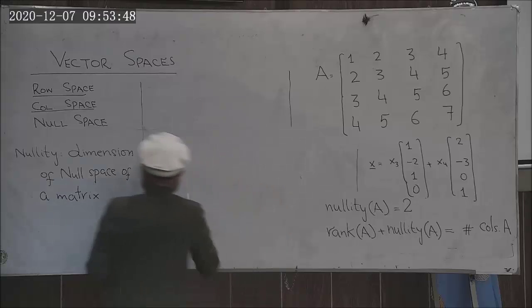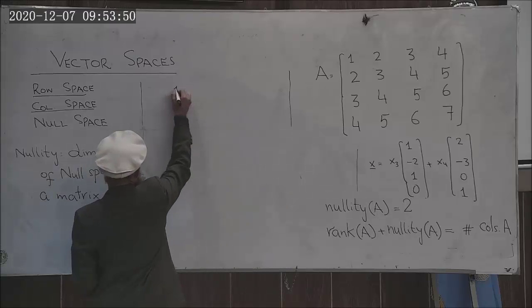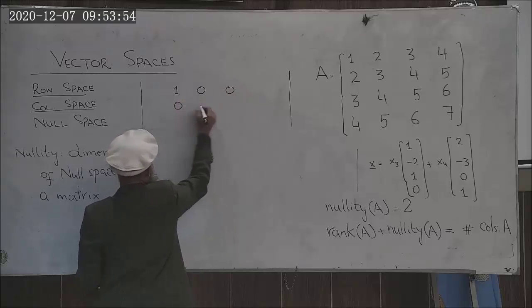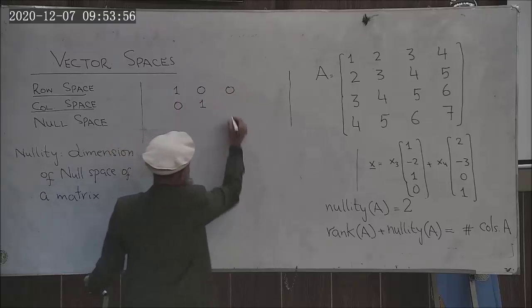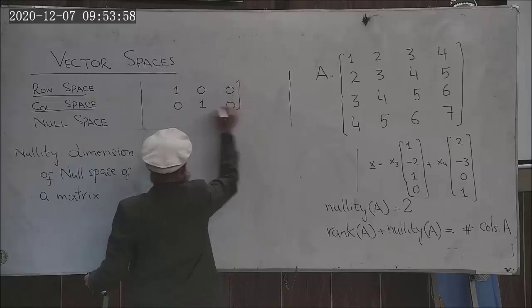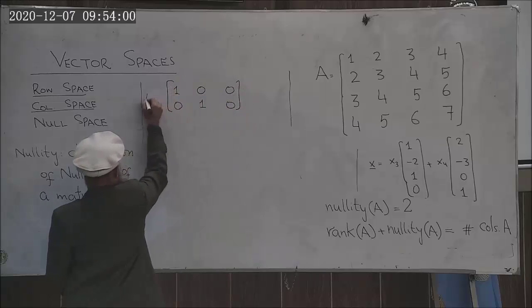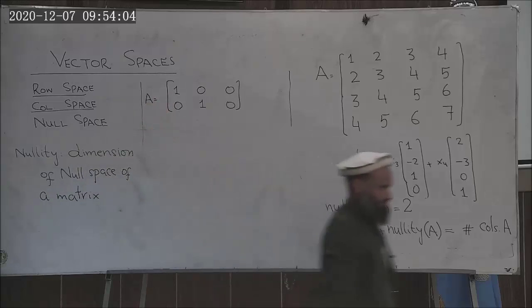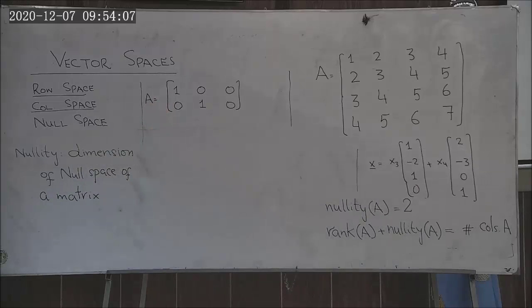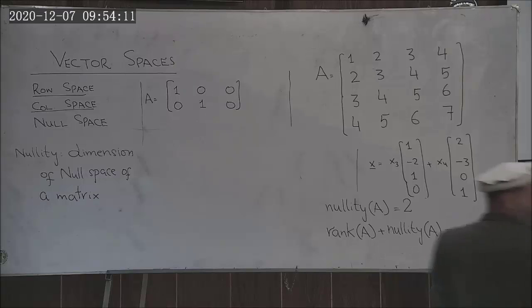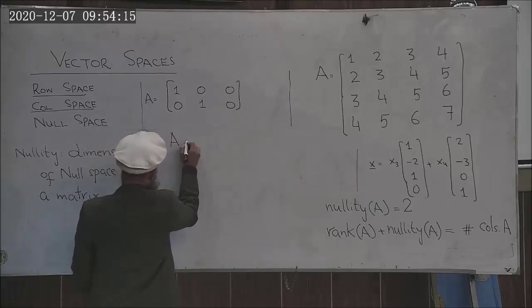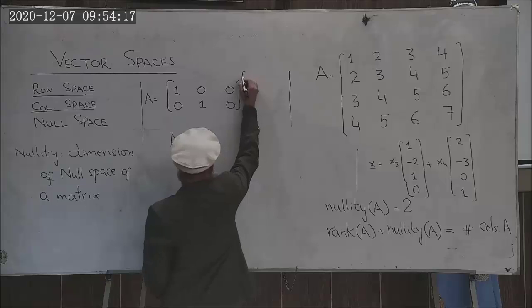Which example should I take? The simplest example, let's say 1, 0, 0, 0. We have this matrix. Let's find a solution to it: A multiplied by x. What should be the dimensions of x in this case?